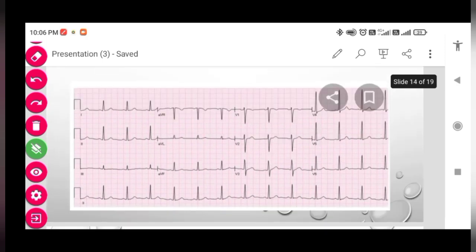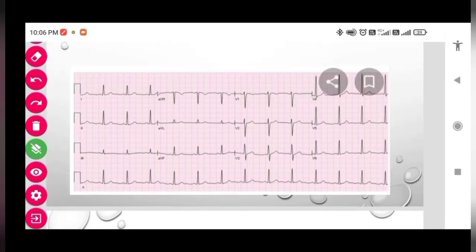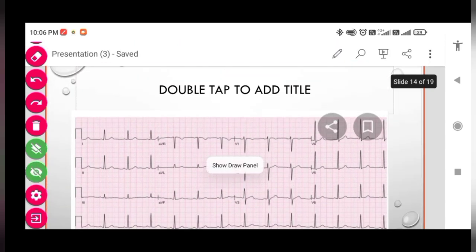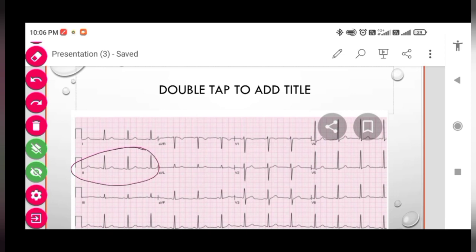Next, coming to the ECG paper, normal ECG paper, here you can see, right? So this is the lead 2, which is the reference one. You can see the QRS complexes are very strong, and in the lead 3 it is very small.